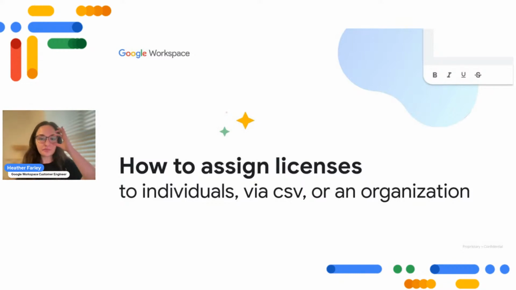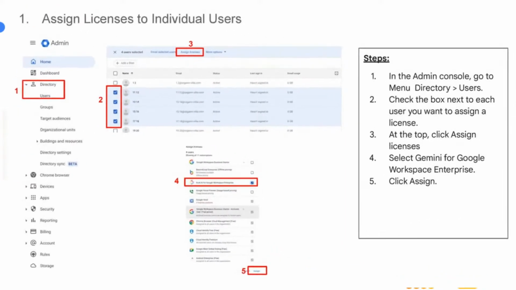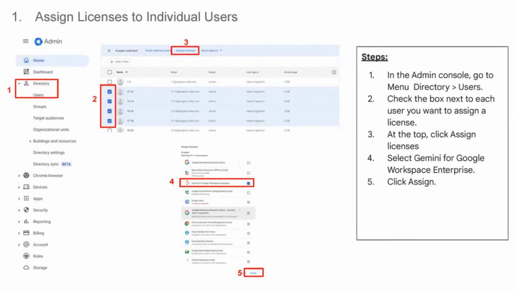But I digress. If you haven't assigned licenses already, what I'd recommend doing is going to admin.google.com if you are a Google Workspace administrator. What you should do here is go to the left-hand panel and drop down Directory. From here, you'll be able to select Users.